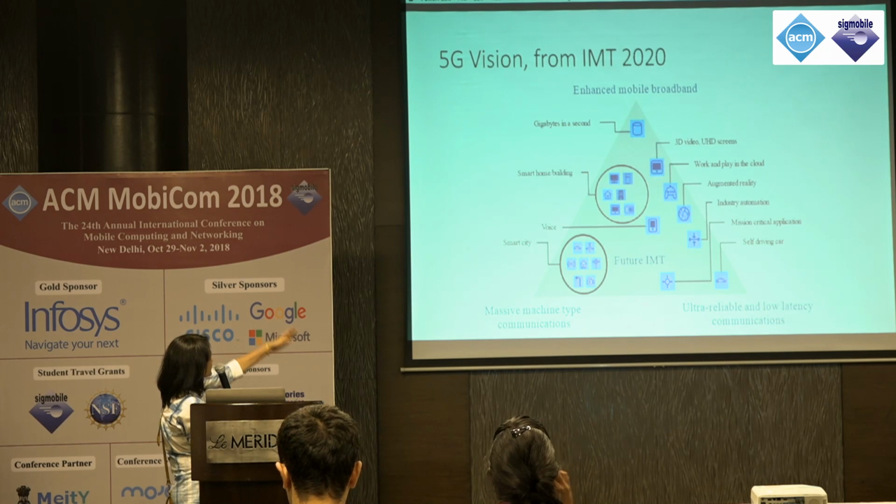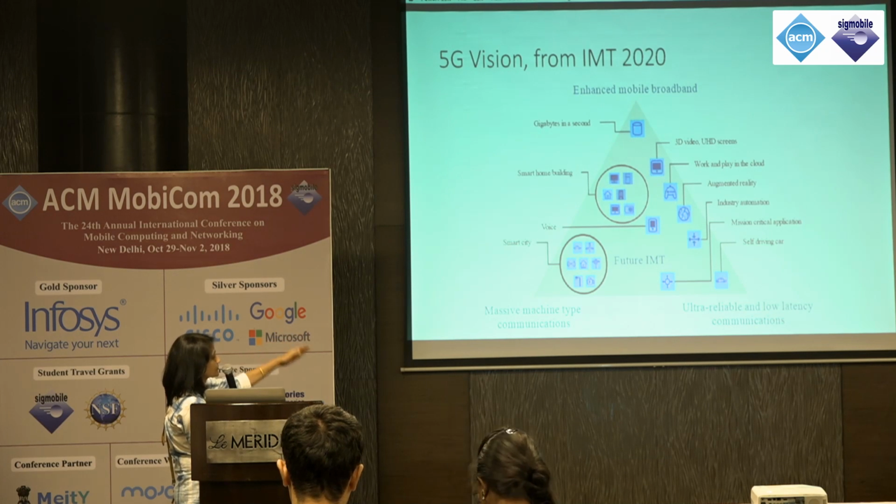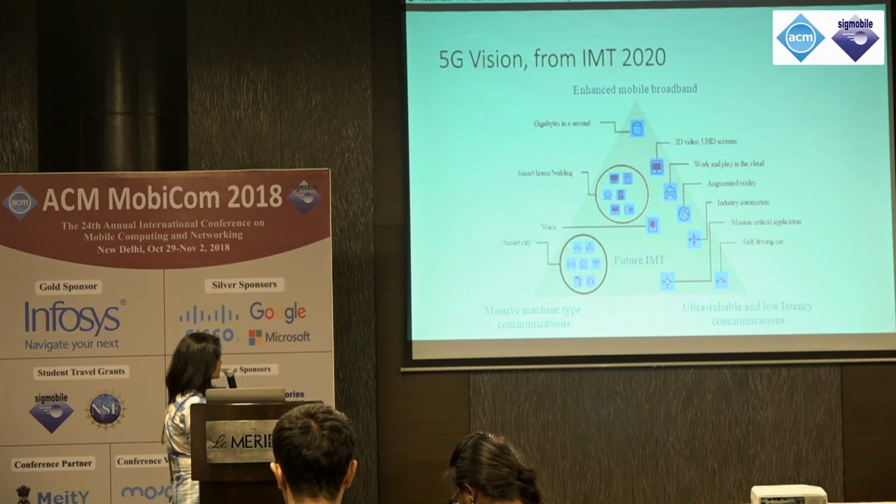But the other applications on that side are really what are familiar to us: 3D video, ultra-high definition, cloud access would require enhanced mobile broadband, and depending on the application, you probably also want low latency in there.